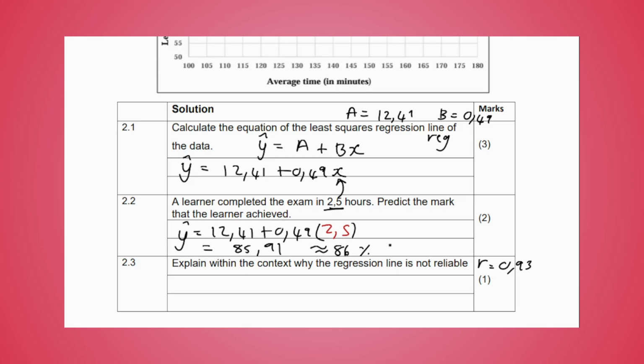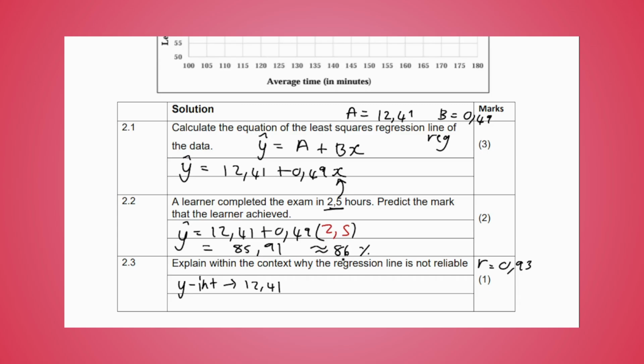What we were looking for is that the y-intercept was 12,41. That means you didn't even start the exam, but somehow you already got 12%, which is not possible. So we were looking for you explaining that.